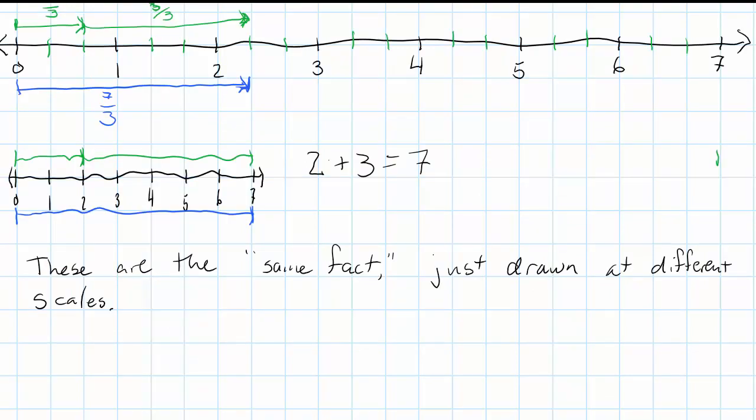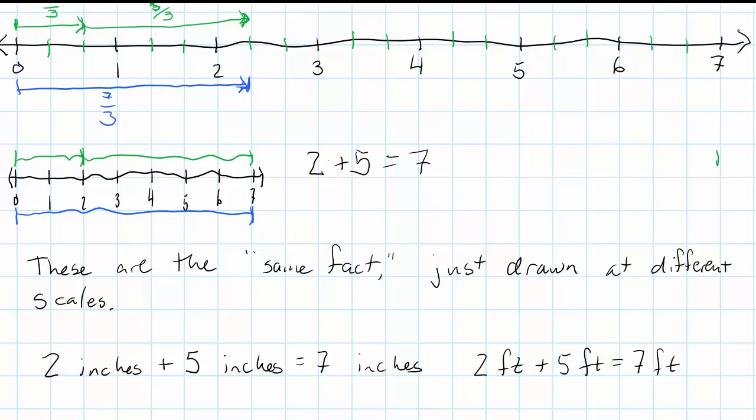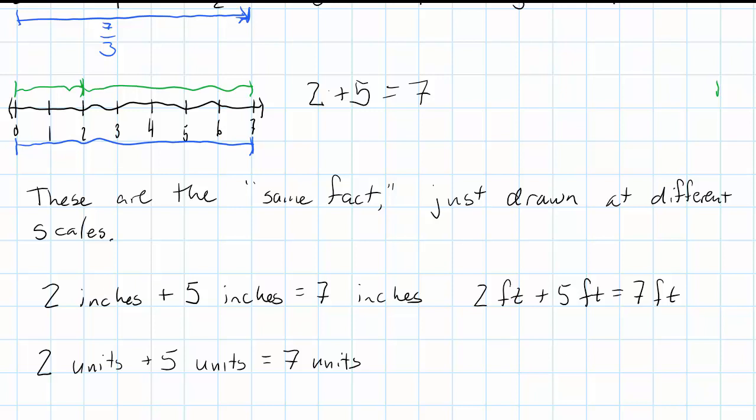So just as it's equally true to say that 2 inches plus 5 inches equals 7 inches, or to say that 2 feet plus 5 feet equals 7 feet, it's also equally true to say that 2 units plus 5 units equals 7 units, as we did in the whole numbers, or to say that 2/3 plus 5/3 equals 7/3.